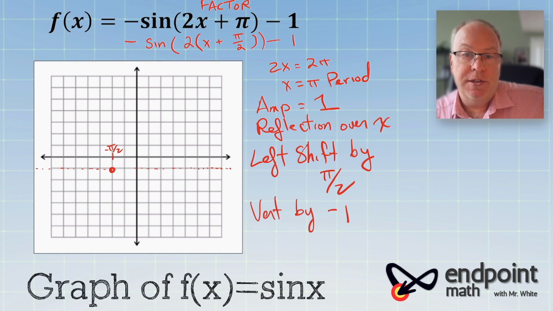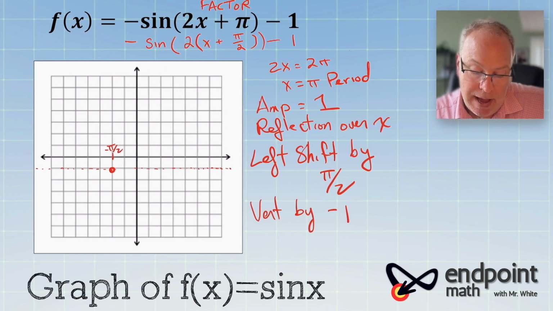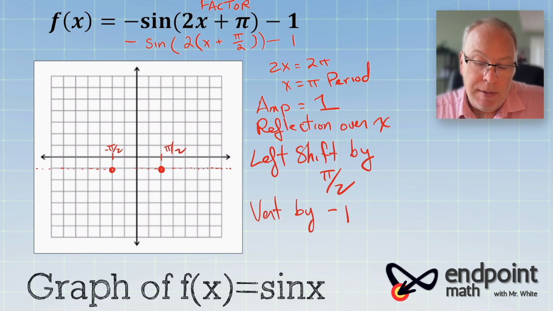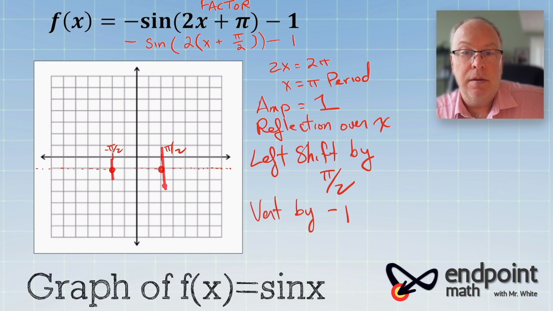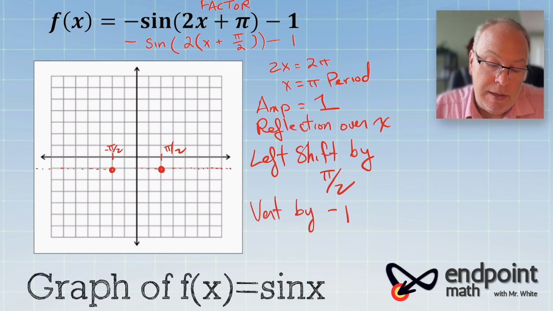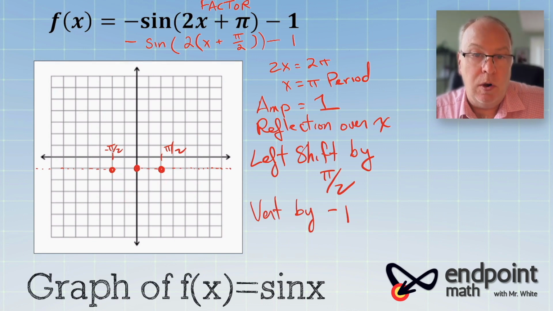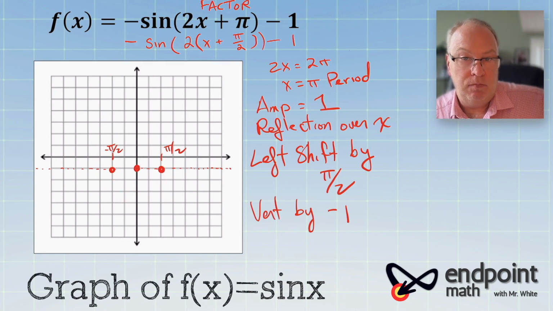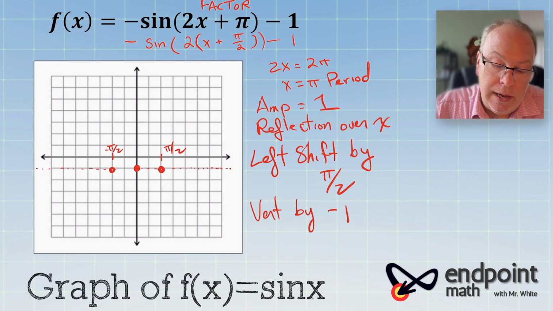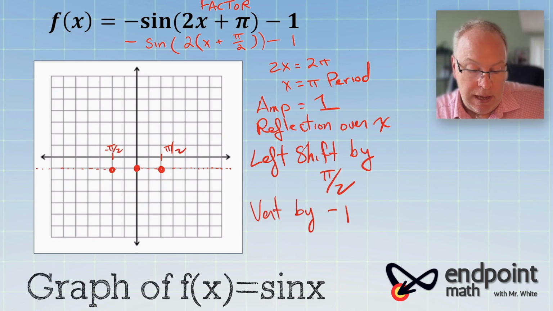All right, so where's this thing finish? Well, remember, the period is 1 pi, so it will finish right here at pi over 2, because if you get out your measuring tool, get out your ruler, that's a full pi right here. That's a full pi. So that means in the middle is where it hits the middle. Now normally it would go up and down like this.